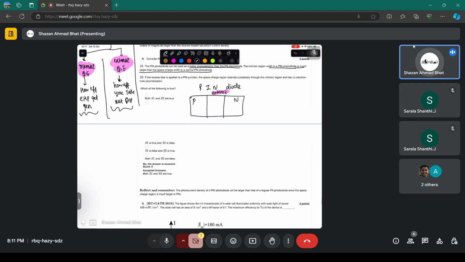So whenever you apply a reverse bias to this particular system, what is going to happen? First of all, there will be a depletion region here, there will be a depletion region here, on this particular side, and at this particular region.